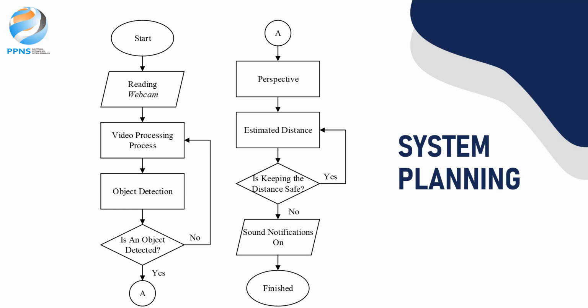This object detection will detect the object, in this research a person, and when the system detects a person, the process continues to estimate the distance.